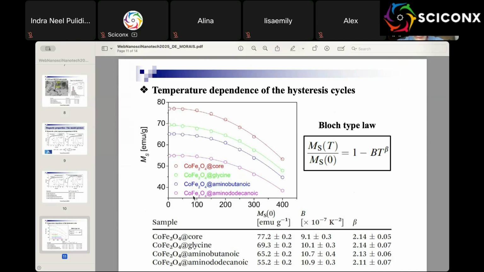It is a very important variation between the native and the surface coating with the thicker layer. So this is a way to modulate the saturation magnetization, and of course modulates all the applications, for instance, the magnetic hyperthermia of the end samples.